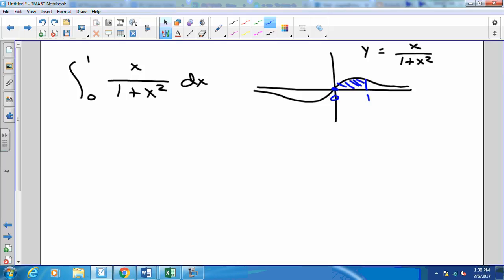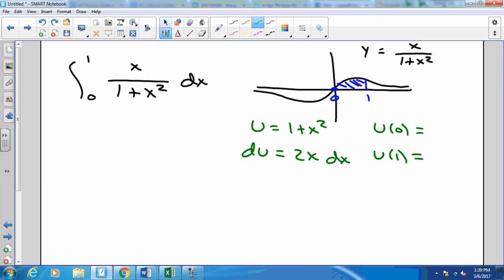Now we observe, and it seems like substitution might be a good idea. Any suggestions for a u? Absolutely. Let's look. u equals 1 plus x squared. And du? 2x dx. Good. And now, for the limits of integration, I'm going to compute u of 0, and I'm going to compute u of 1.